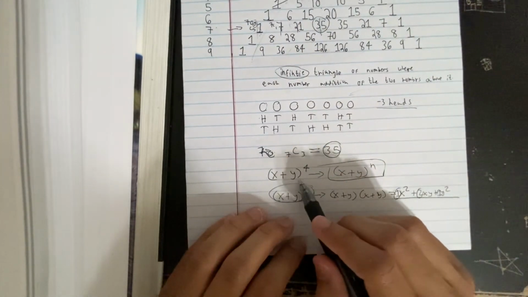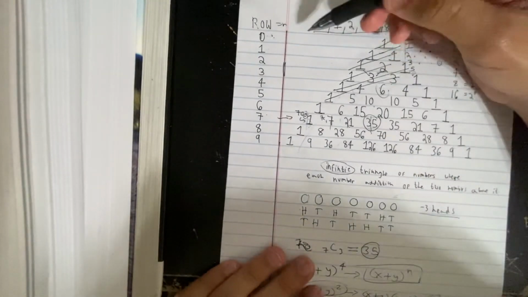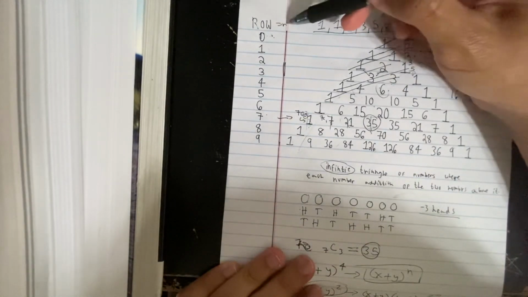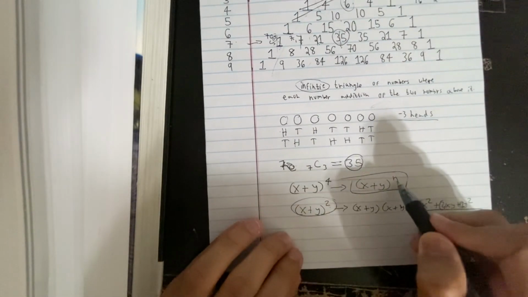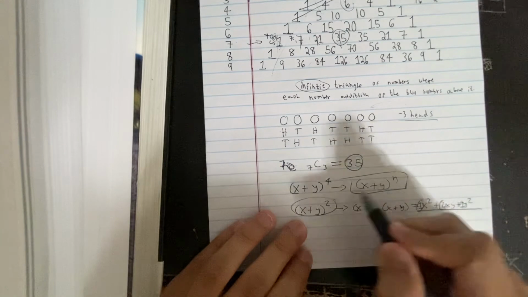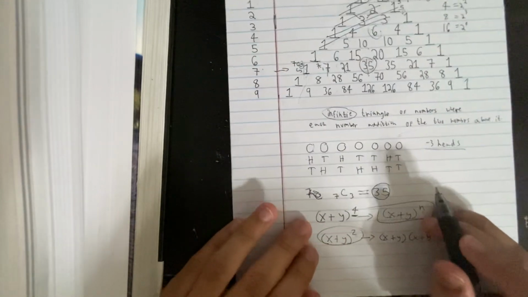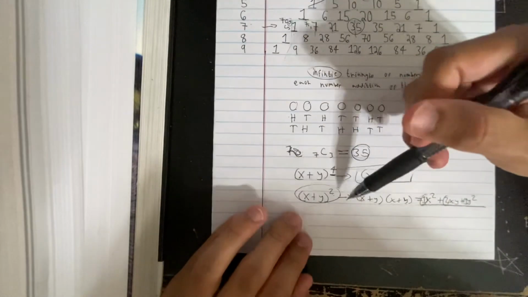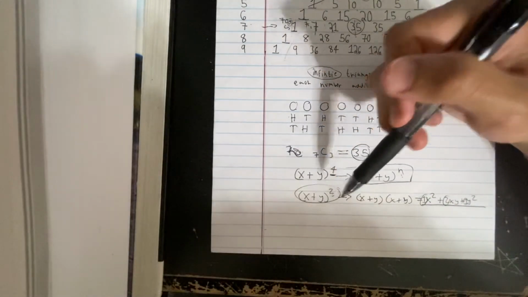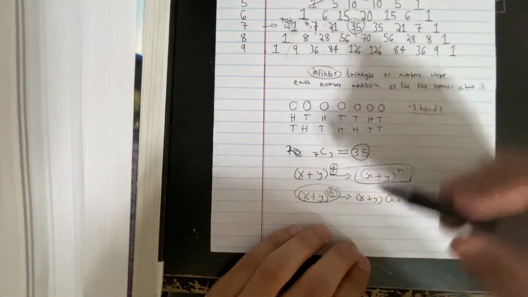So back to our example of x plus y to the power of 4. If you remember, we actually made the rows equal n. So when we want to figure out something like this, we can pick n, the number of the exponent here, and go to that row. Let's make it a clearer explanation. Before I continue on to the 4 example, we can use the 2, right? Because we already expanded this.